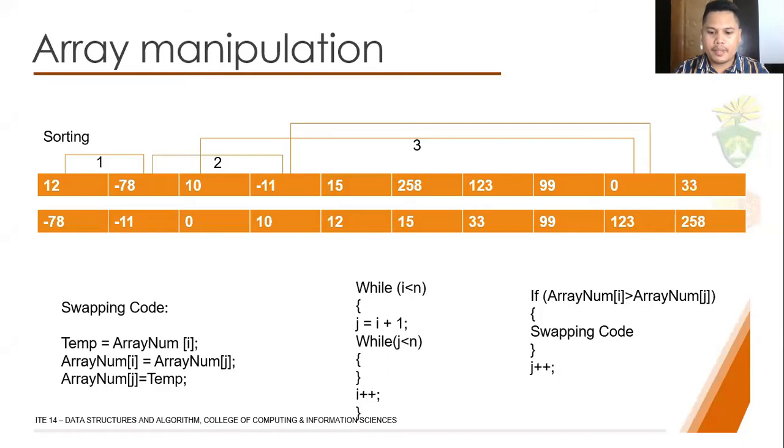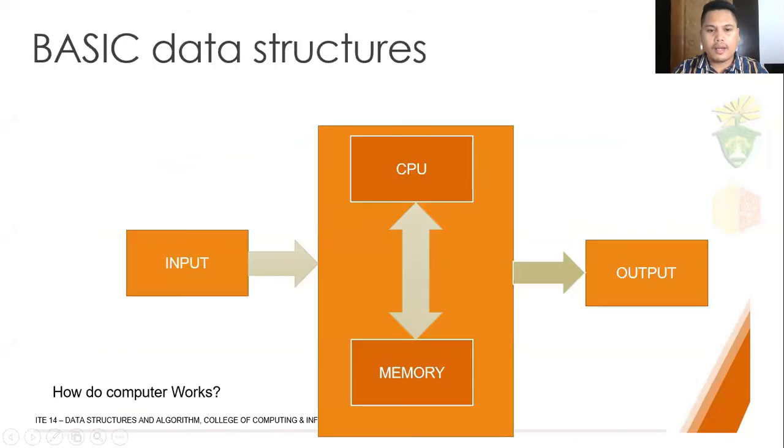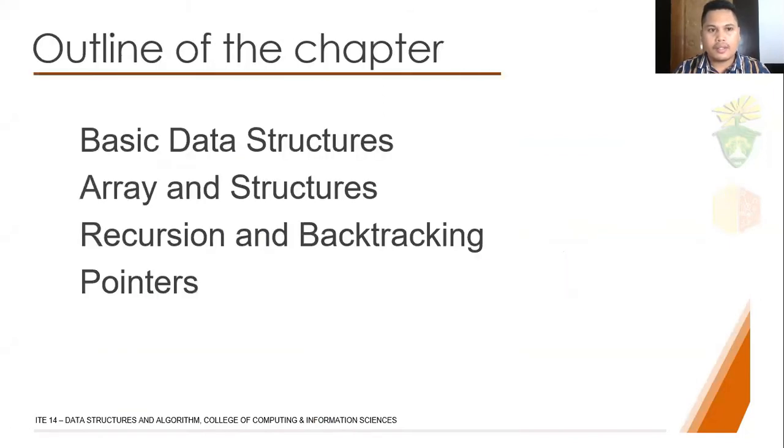In our previous lecture and also in our previous video, this chapter talks about a review of your Programming 1 and also Programming 2, but we are focused in this review on these four topics, which are the basic data structures.